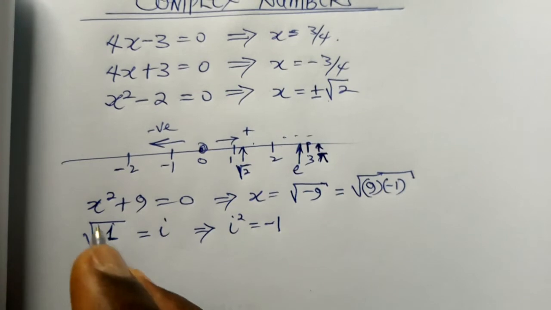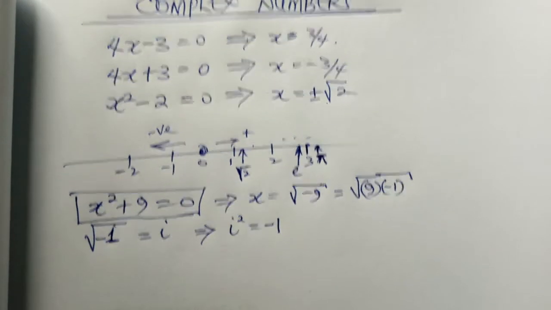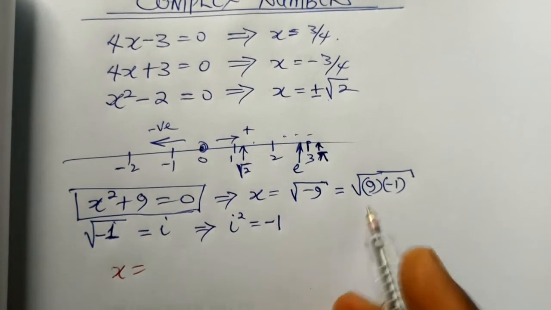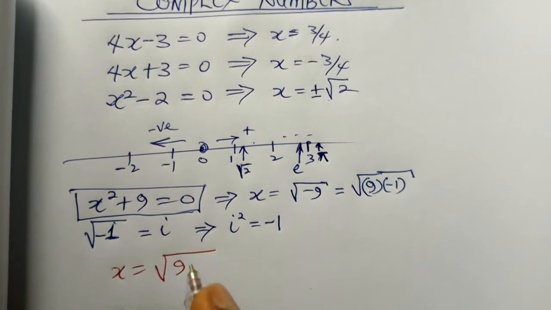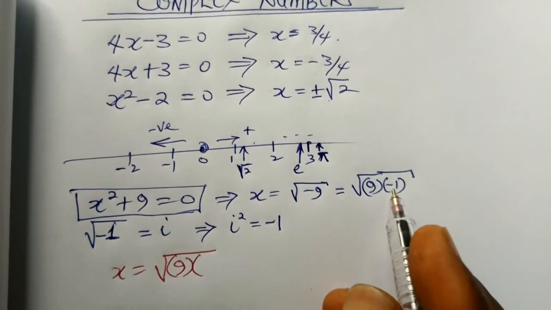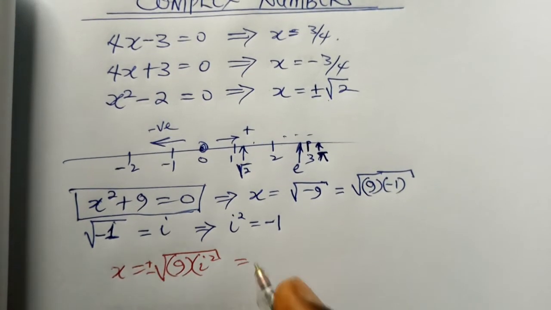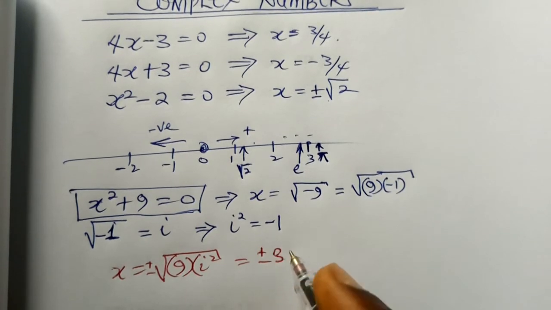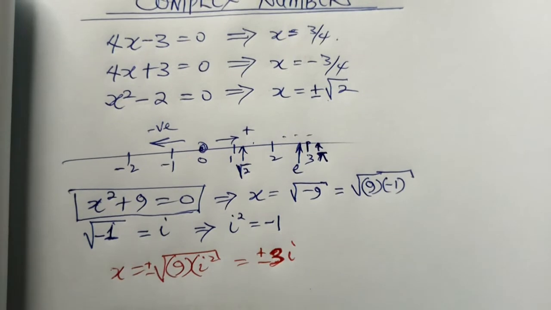So if we now go back to our equation, you find out that x now is equal to the square root of 9 times i squared, so that we have plus or minus 3i.